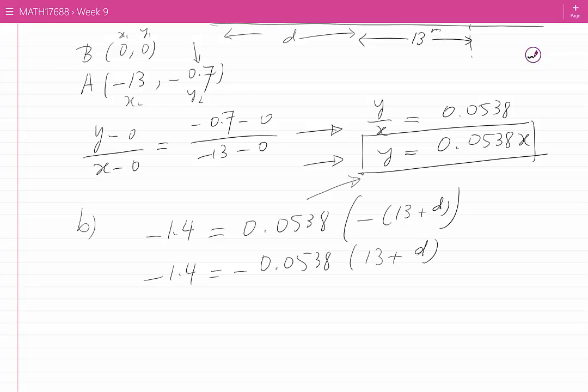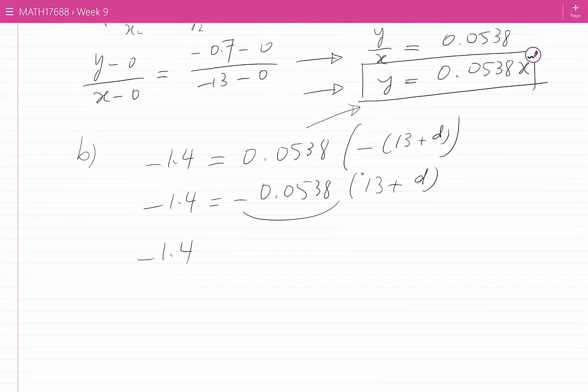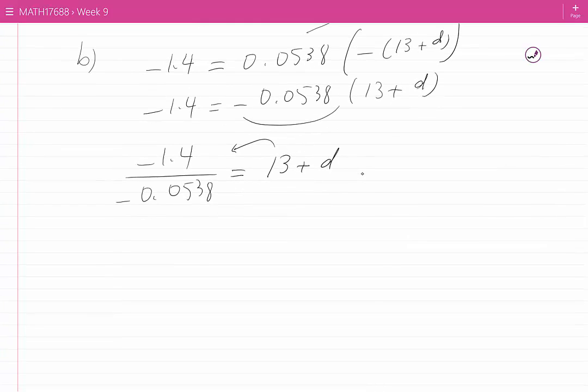We divide both sides by this coefficient, we will have minus 1.4 divided by minus 0.0538, and on the right hand side 13 plus D. We move the 13 to the left hand side, we will have minus 1.4 divided by minus 0.0538 minus 13 is equal to D. If we use our calculators, we see that D is approximately equal to 13 meters.